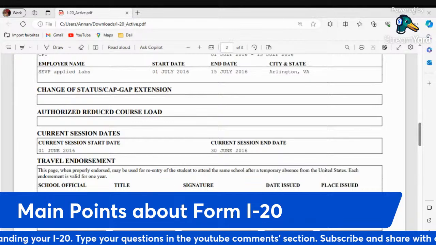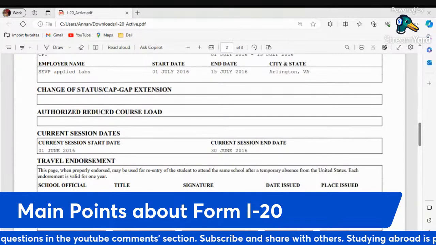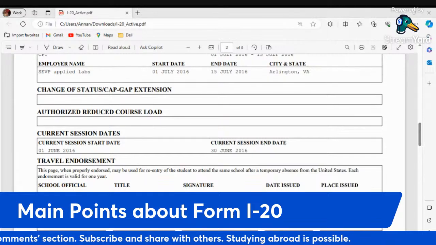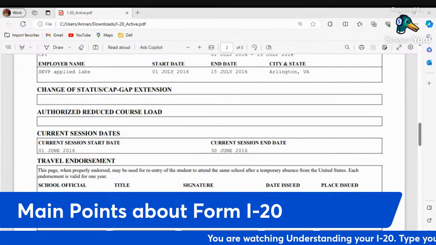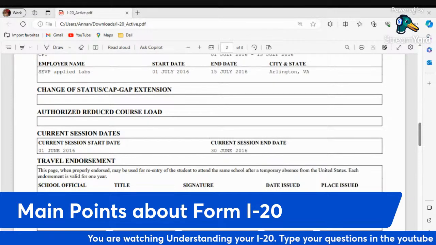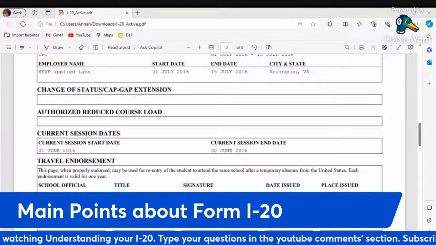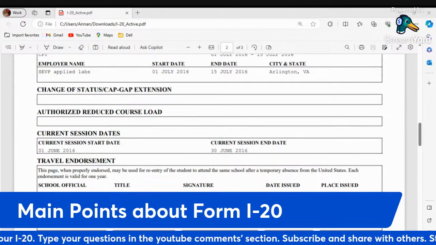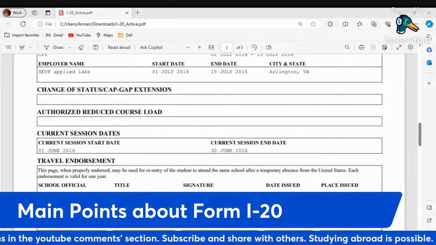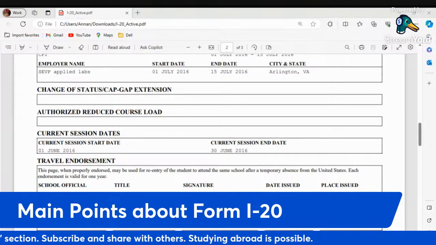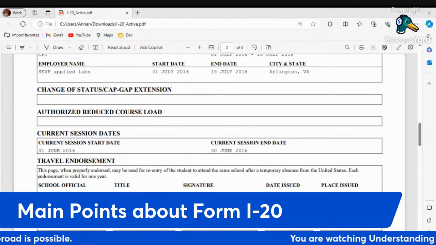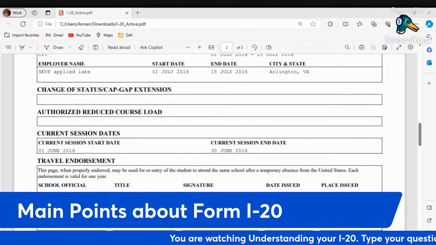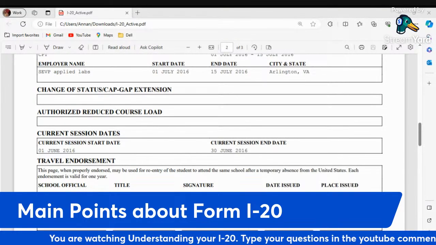Okay, so who is in? Are there questions? So we're explaining the Form I-20. Your questions are welcome.